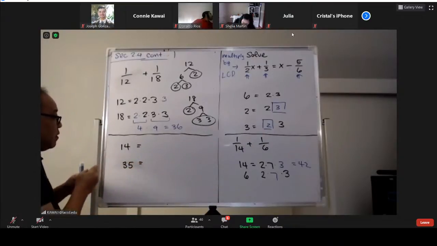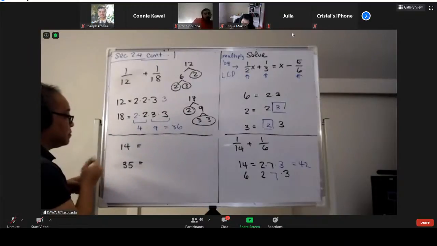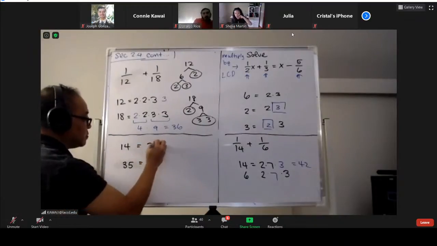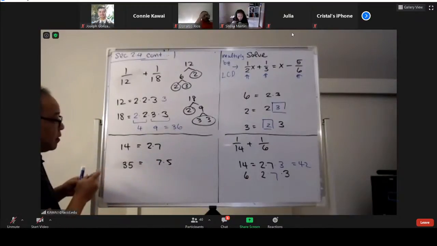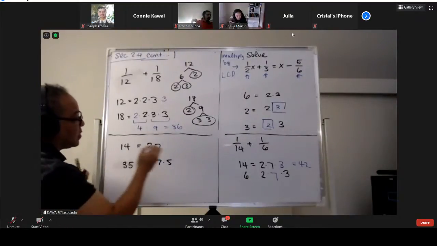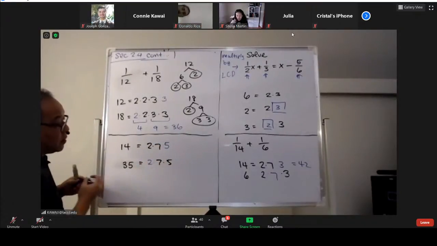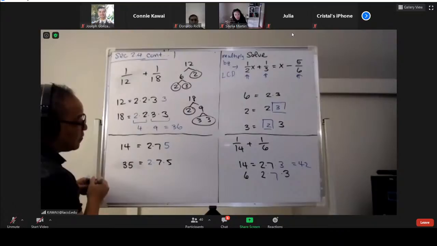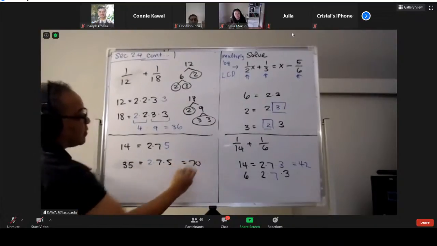Okay, so 14 would be 2 and 7. 35 is 7 and 5. So over here, I'm missing a 5. And over here, I'm missing a 2. So then this should give me 10 times 7, which is 70.